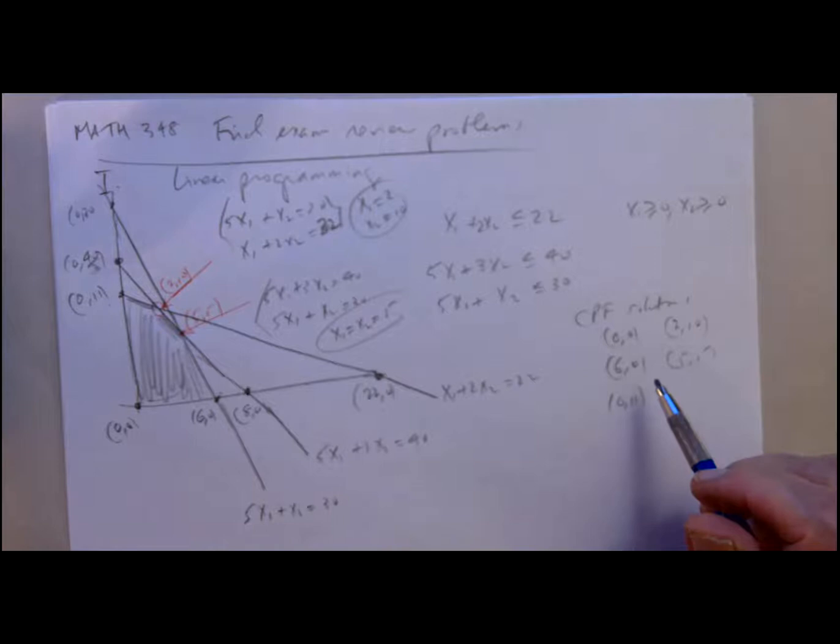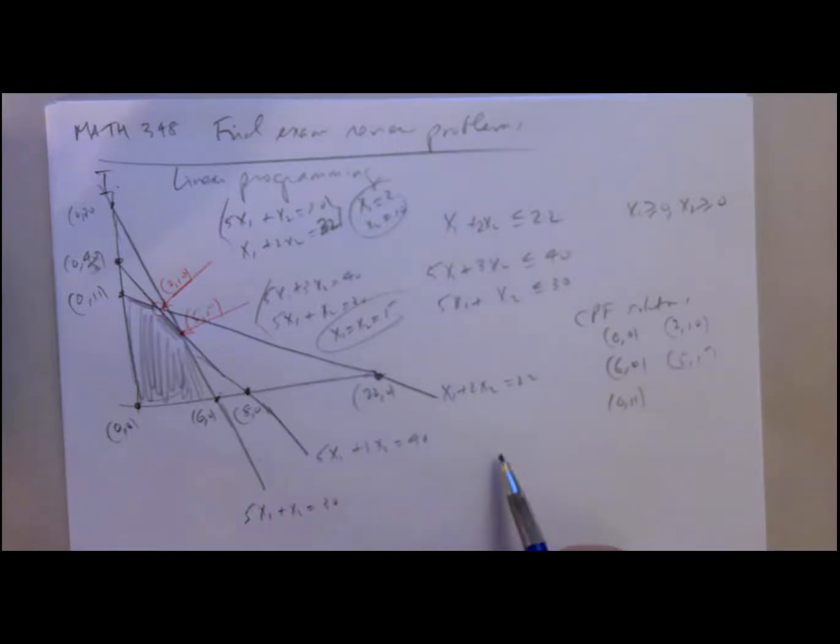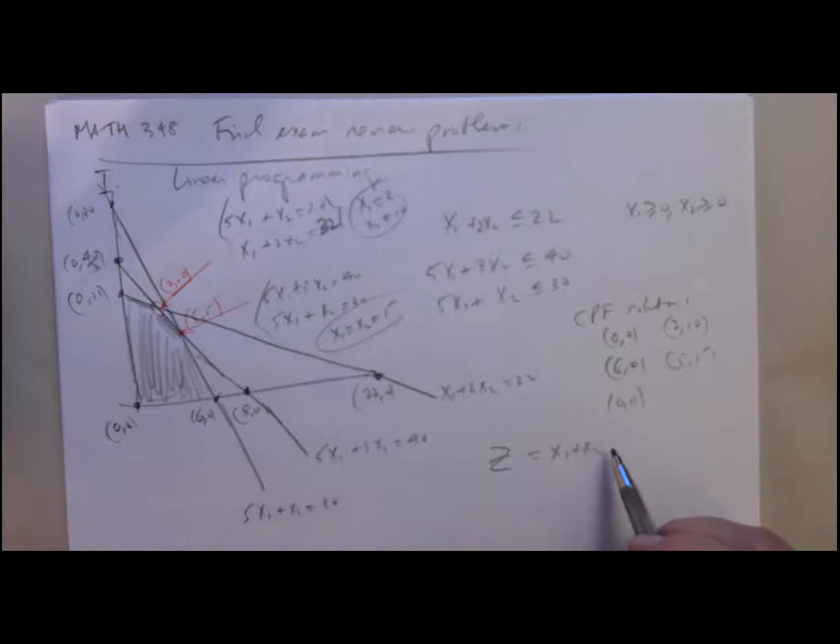Now, if we take the objective function z equal to x1 plus x2, and we want to maximize this, for any value z, that means x2 is z minus x1.